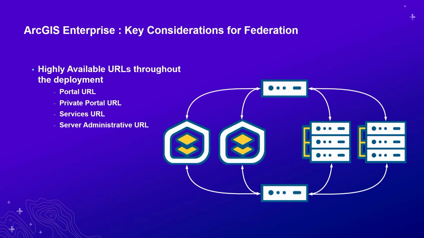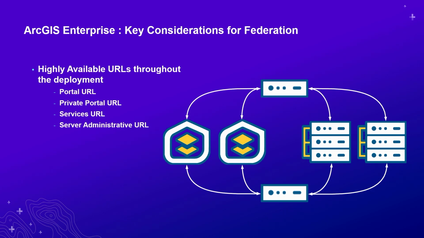So the key considerations are the takeaway points for federation. First, you need to ensure that you have highly available URLs throughout the deployment. This is for the public URLs, the portal URL and the services URL, the URLs that clients will use to reach the resources they need, but also for the internal URLs, private portal URL and the server administrative URL.